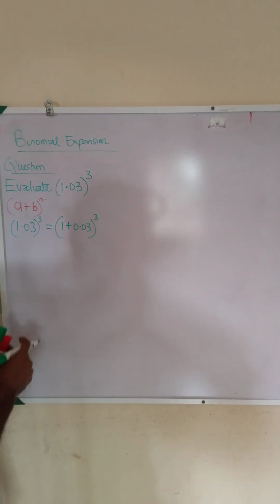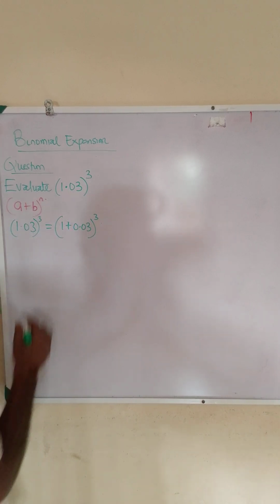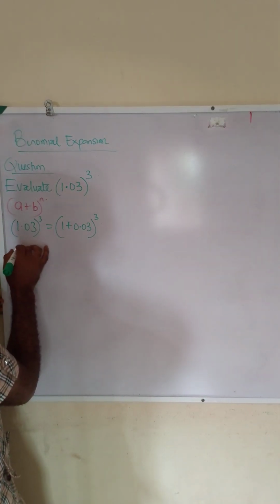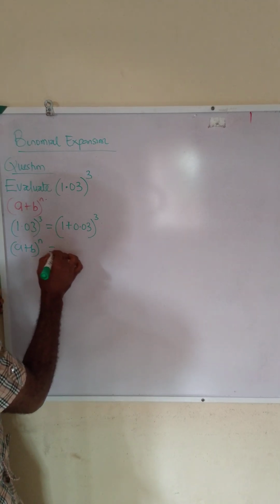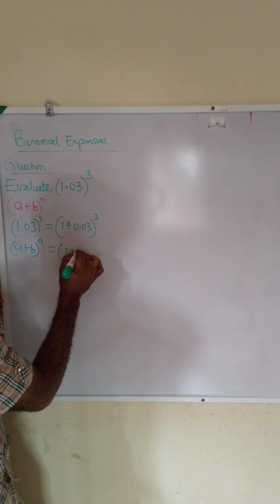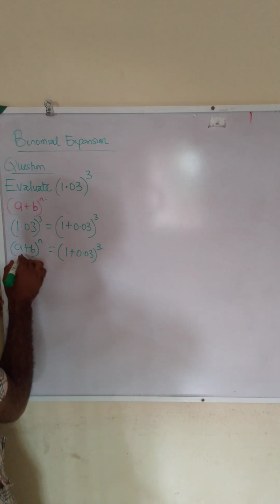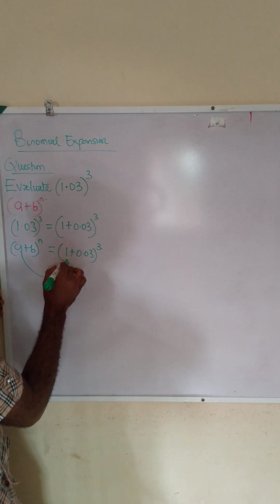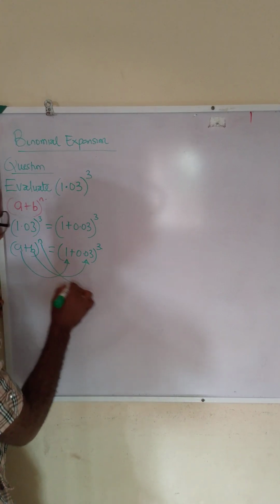So I've been able to convert from this format to this format, and so we can now do a comparison. (a plus b) raised to power n equals (1 plus 0.03) raised to the power of 3. So we can now say that this is our a, this is our b, and this is our n.